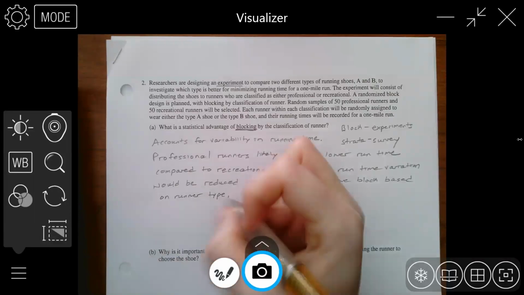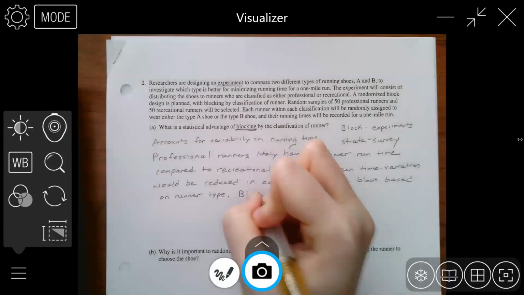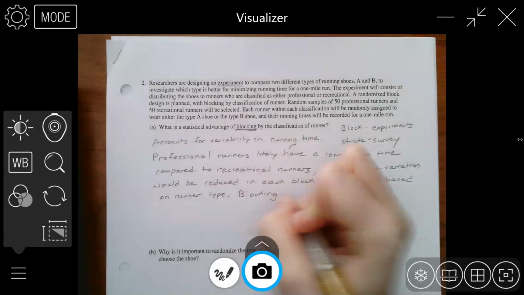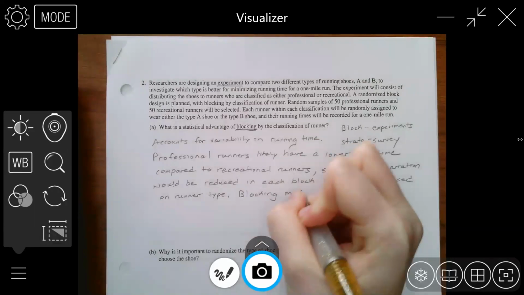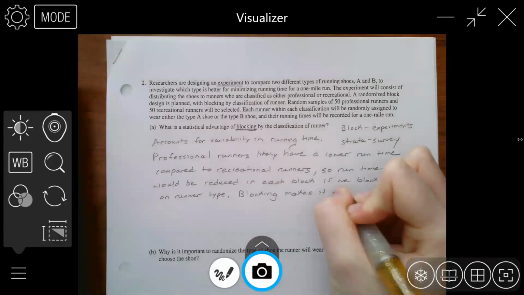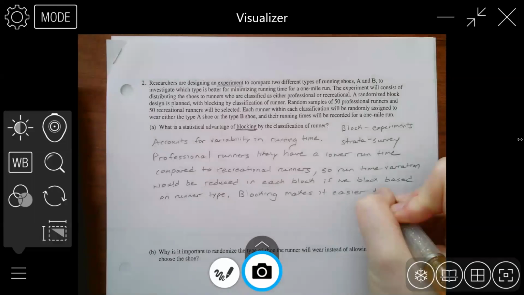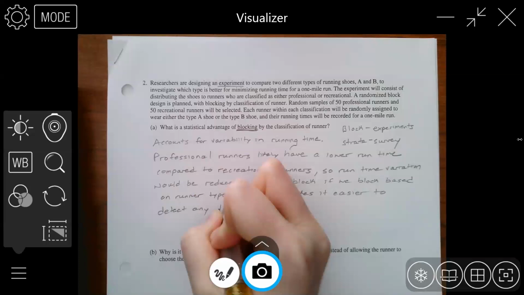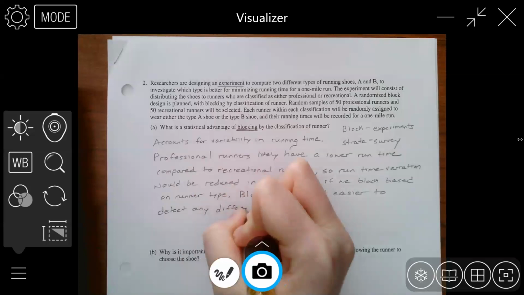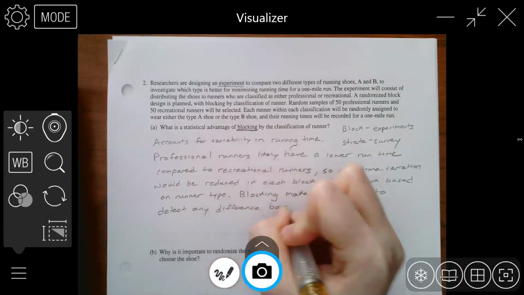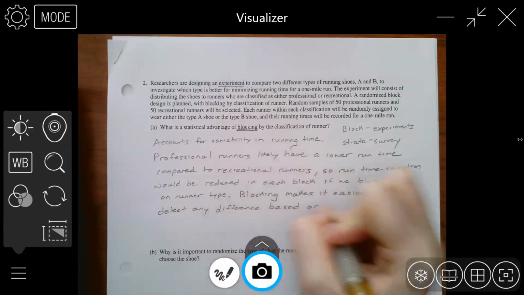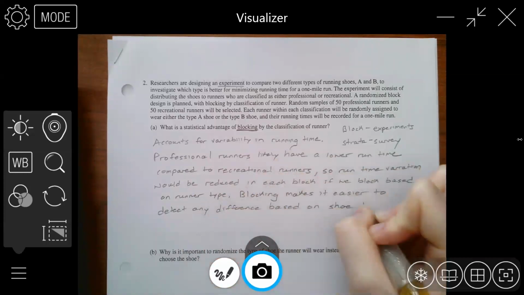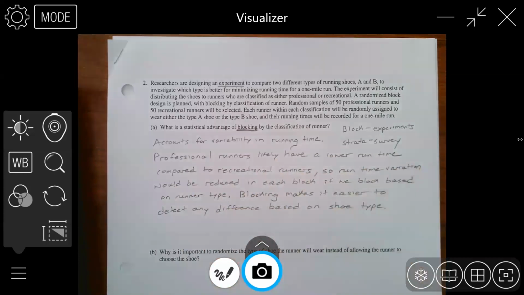So you can end with saying blocking makes it easier to detect any difference based on shoe type.